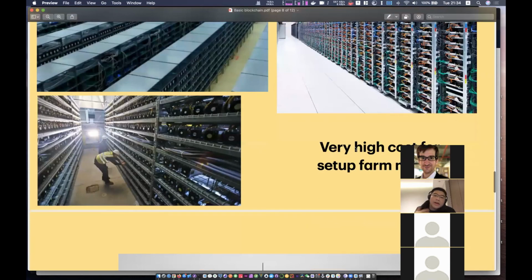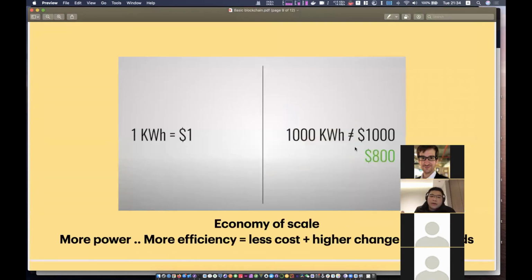And because they use a lot of power, a lot of hardware and energy, there is something everyone knows: the economy of scale. One kilowatt for independent gamers or normal users may equal $1.